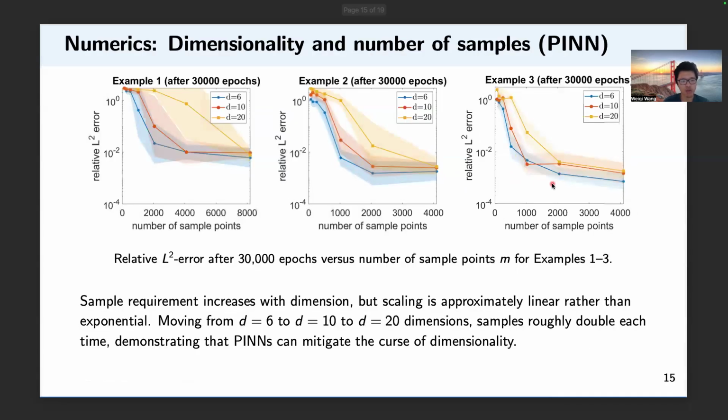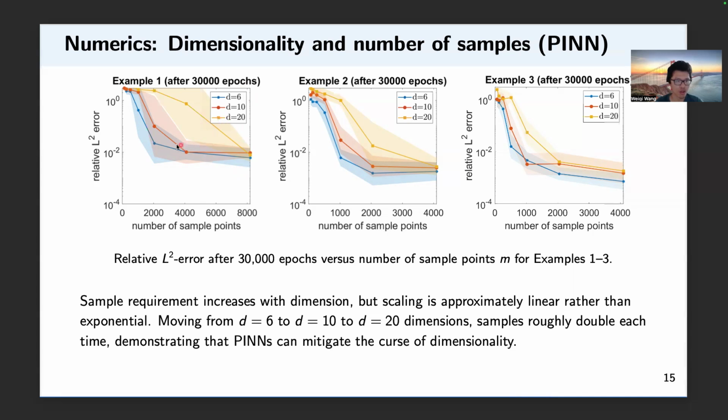Then let's see how the dimension changes the number of samples we need. Here we fix the training budget, like 30,000 epochs, and look at the final errors versus the number of samples for dimensions 6, 10, and 20. To reach a target like 1%, the required samples grow about linearly with dimension.